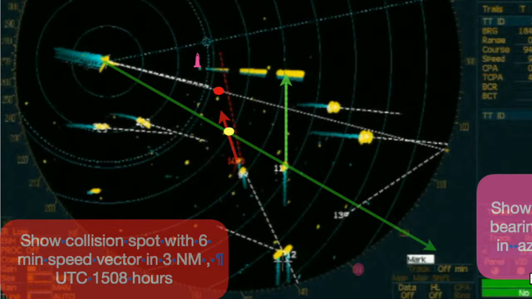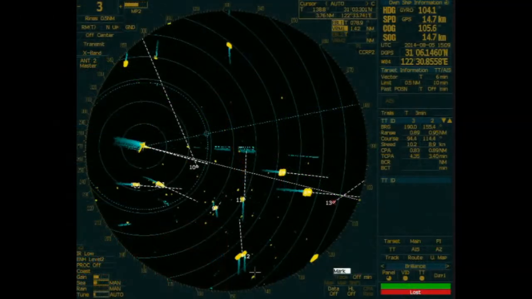That means if the target didn't change course and speed, after 8 minutes own ship will be on the yellow spot and the tugboat will be on the red spot. You see? With a 15-degree course change, after 8 minutes we will be in a different position from the target. That is collision avoidance.